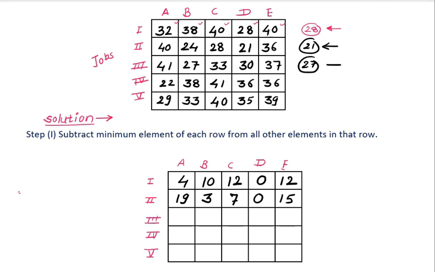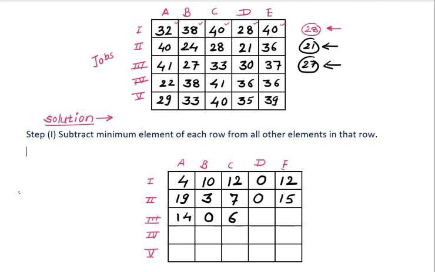So subtracting 27 from all the numbers in the third row, we get 41 minus 27 is 14. Then 27 minus 27 is 0. 33 minus 27 is 6.